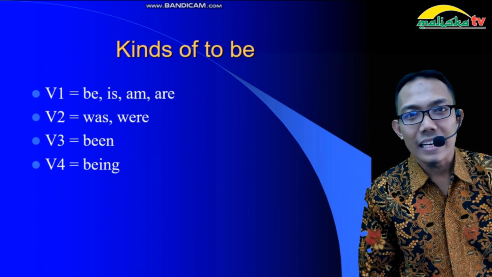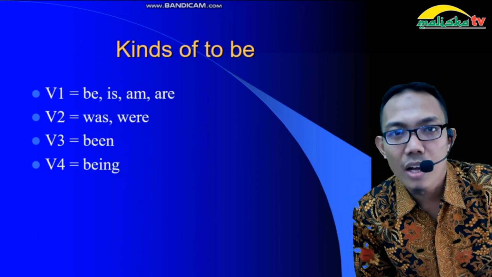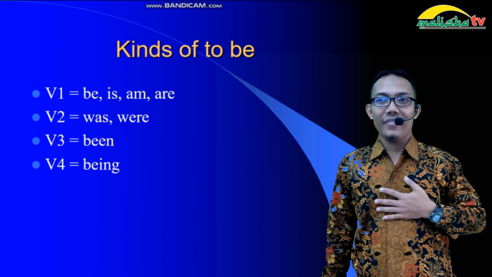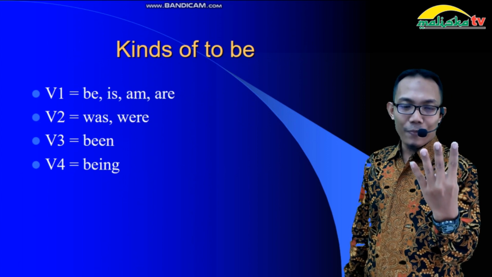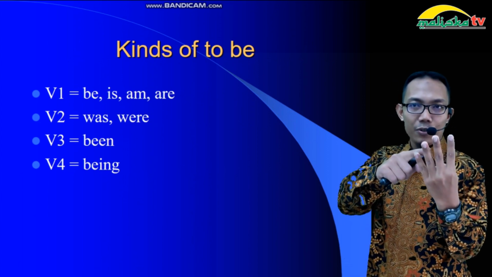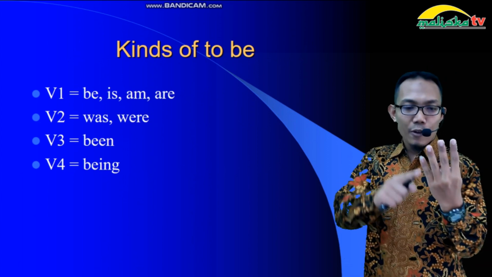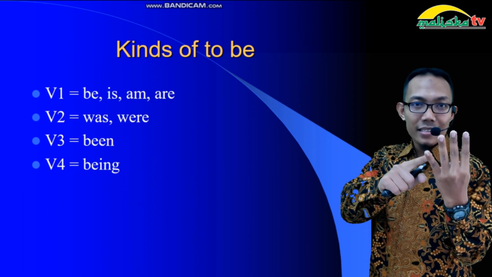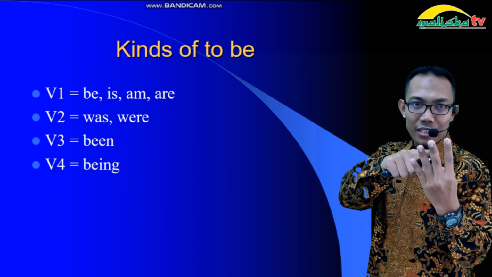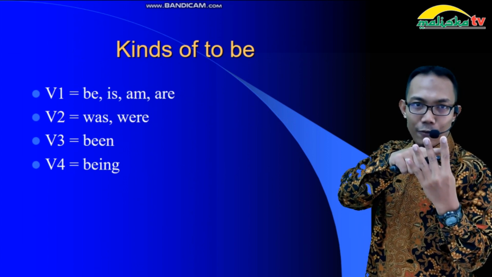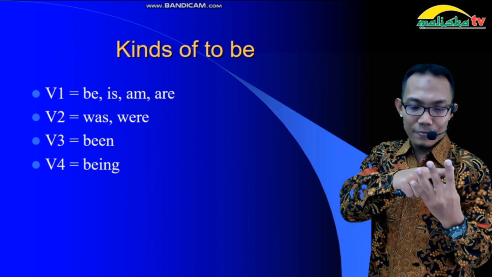Now we will study about the forms of to be. I will split it into 4: V1, V2, V3, and Ving. V1 for present tense, and then V2 for past tense, V3 for past participle, and then V4 for continuous.